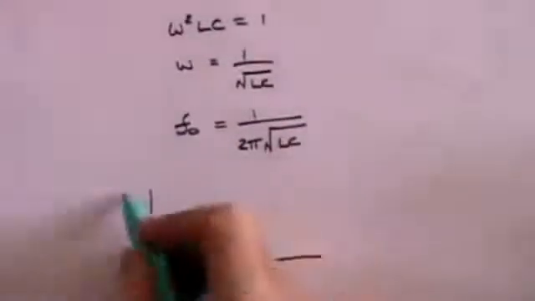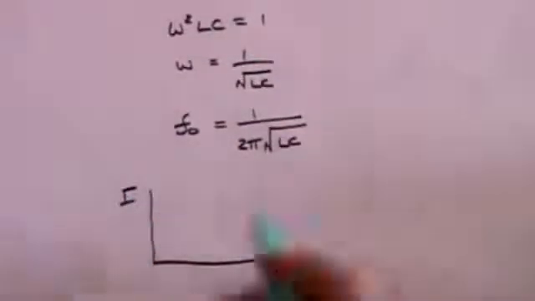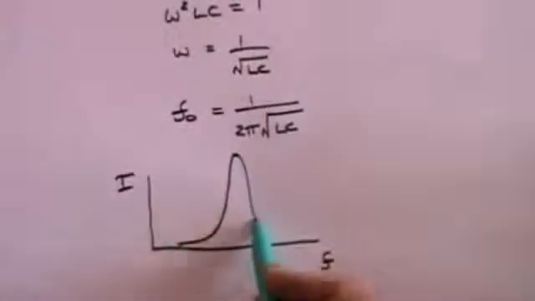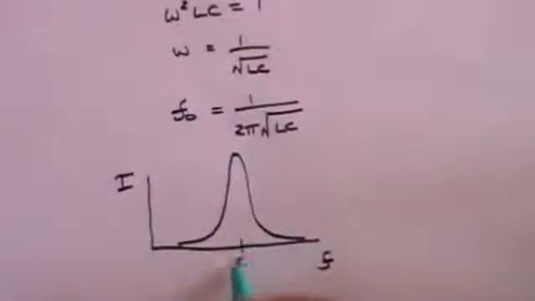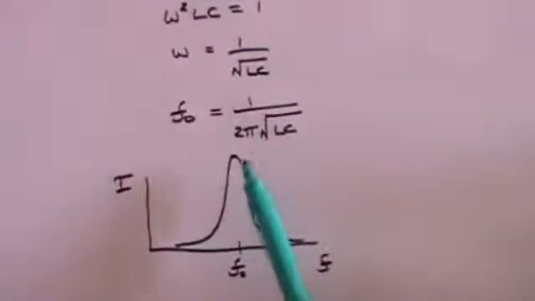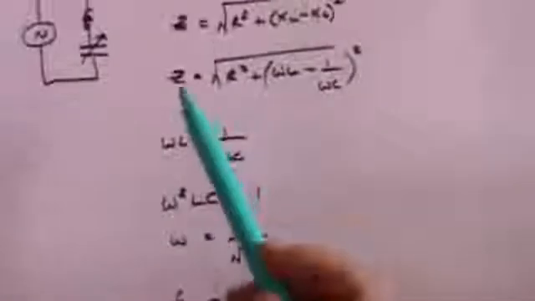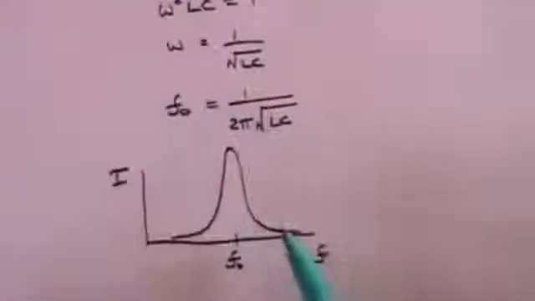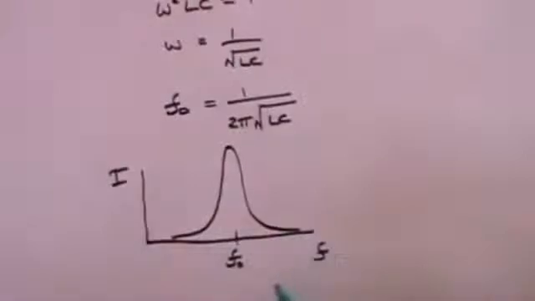And if you draw a picture showing the current against the varying frequency, what you will find is that it will suddenly shoot up when you get to the resonant frequency, because that's the point at which the impedance is minimized, so the current is maximized. And this is typically what you're doing.